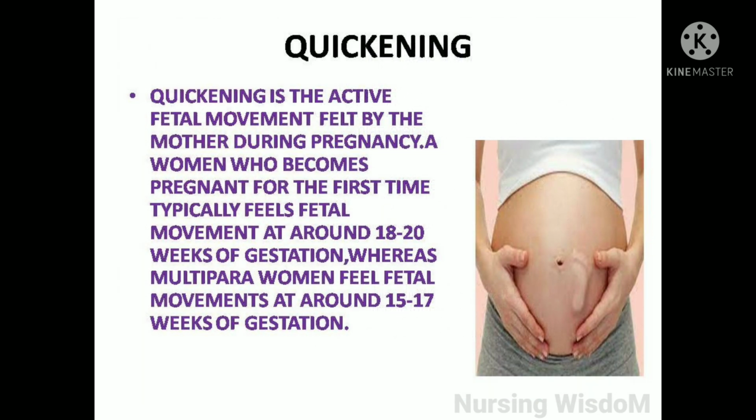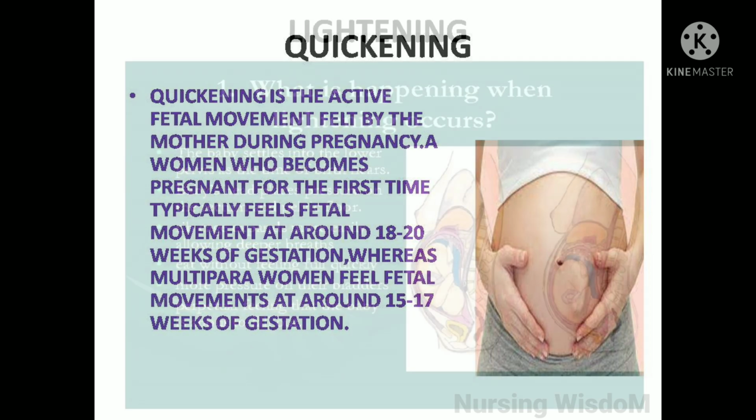Quickening. Quickening is the active fetal movement felt by the mother during pregnancy. A woman who becomes pregnant for the first time typically feels fetal movement at around 18 to 20 weeks of gestation, whereas a multipara woman feels fetal movements at around 15 to 17 weeks of gestation.